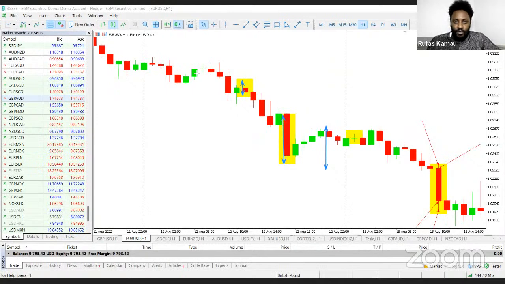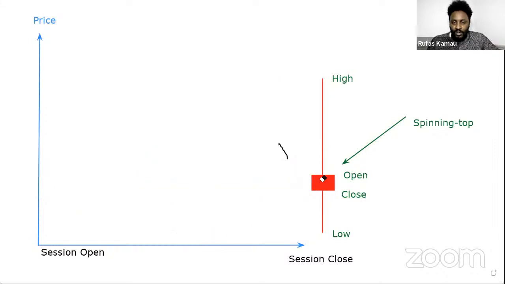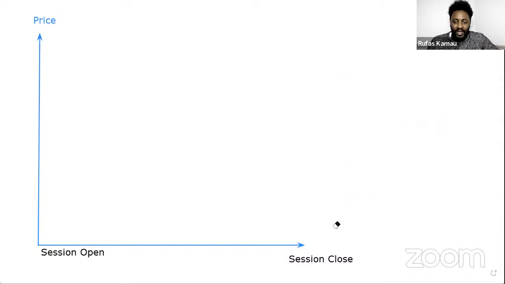So, moving on to the next shape. You might not be able to cover all the shapes in one session, but at least you get an idea of how a candlestick is formed. When you see a candlestick, you're able to understand the movements between the high, low, and close of that particular candlestick.